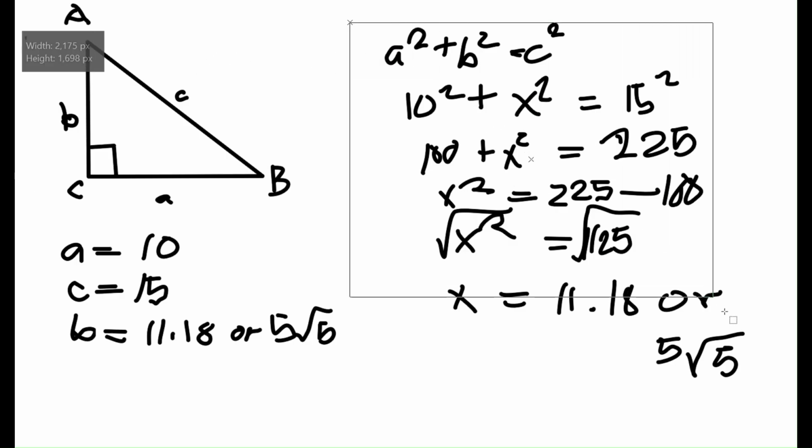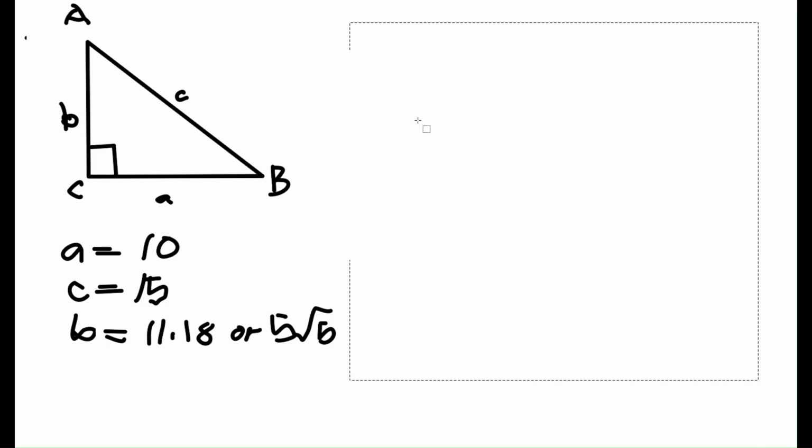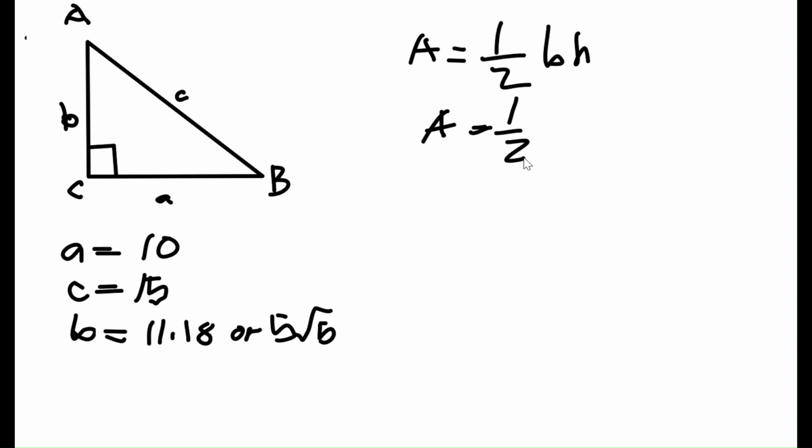Now we have the height, so we can proceed on to the formula for the area, which is area is equal to 1/2 base times height. So area is 1/2. The base, or the A, is 10 times the height, 11.18.